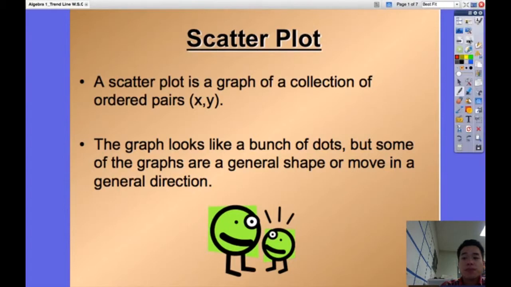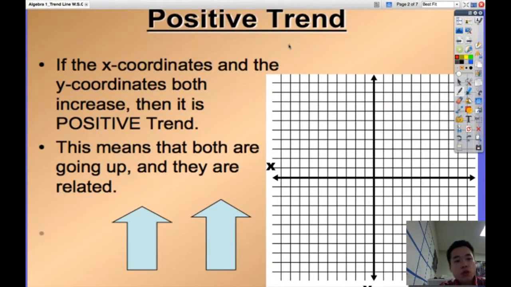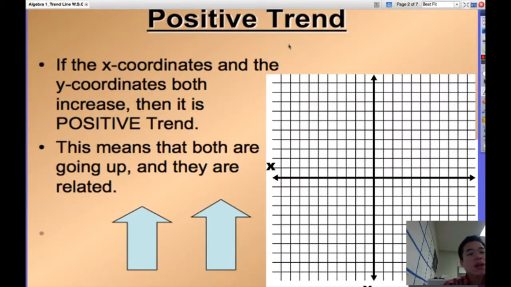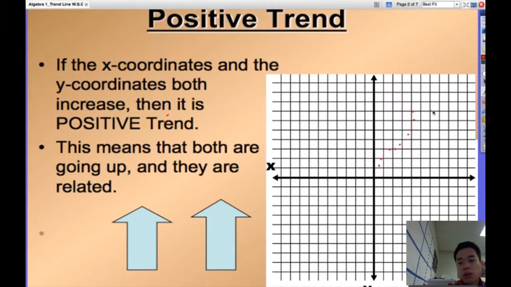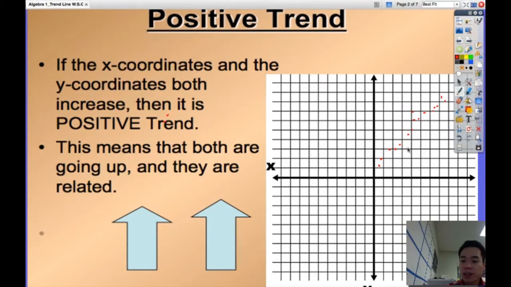So let's move on. The first type of trend that you'll see is a positive trend. A positive trend is when the x coordinate and the y coordinate are both increasing. This means that both are going up. So for example, if you ever see a graph that looks like this, it's pretty hard to connect all the dots, so I don't want to connect the dots.